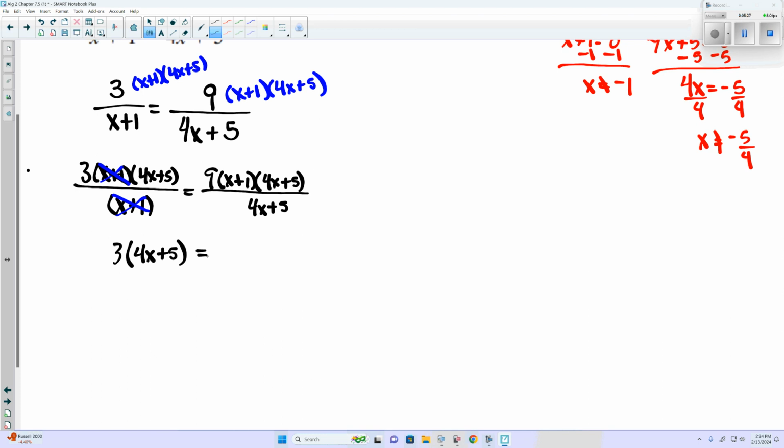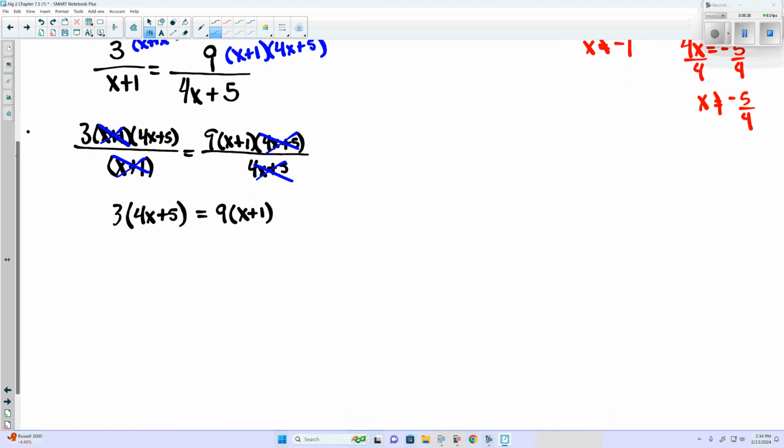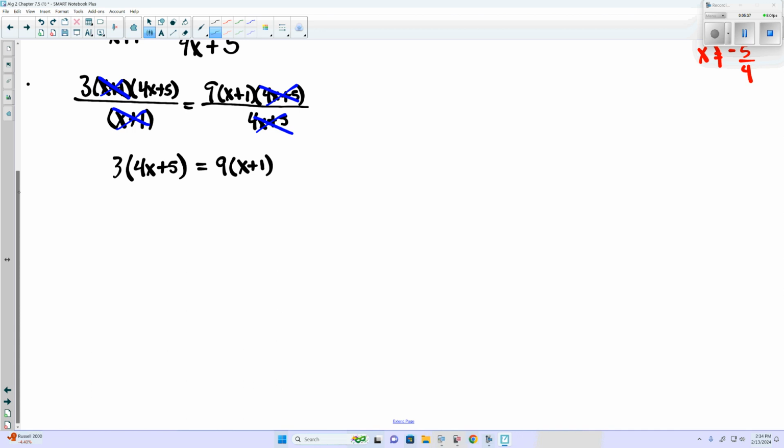On the right-hand side, our 4x plus 5 and 4x plus 5 will cancel, leaving us with 9 times x plus 1. And that's why we did this multiplication with the least common denominator, to get all of our rational expressions to simplify out. Because now we have an equation that has no fractions left.